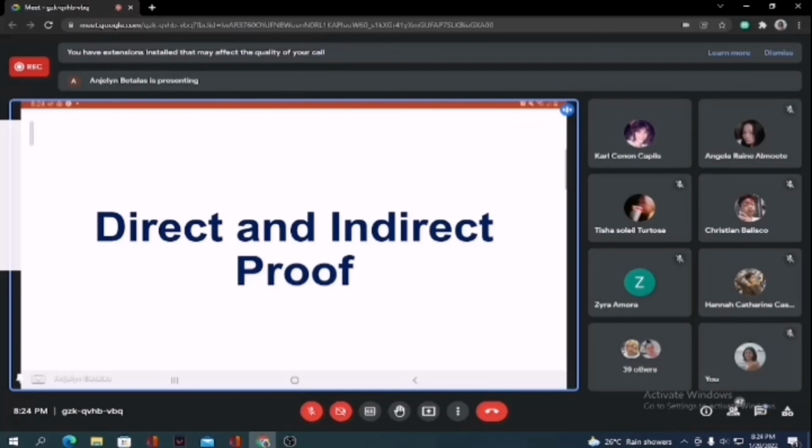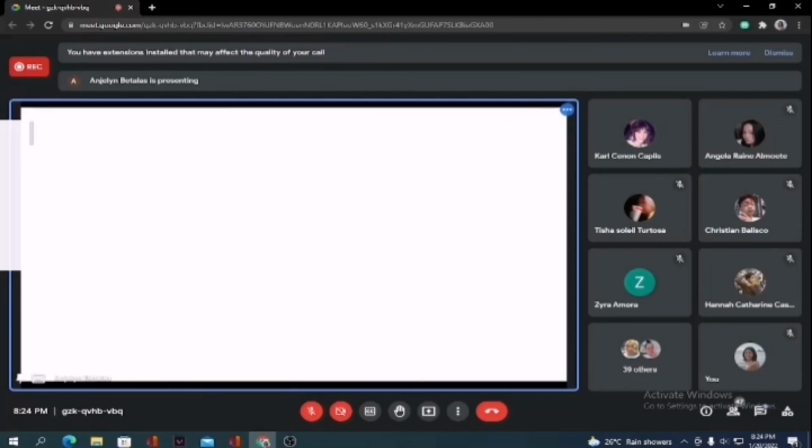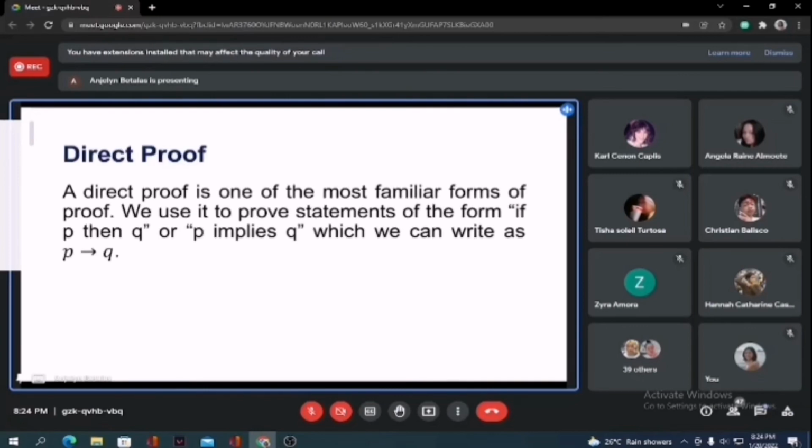So, mag-base siya sa mga statements, based sa mga facts, sa defense ni Pulano against kay Pulana. So, sa math, naagi tayo proof. So, it could be direct, indirect.